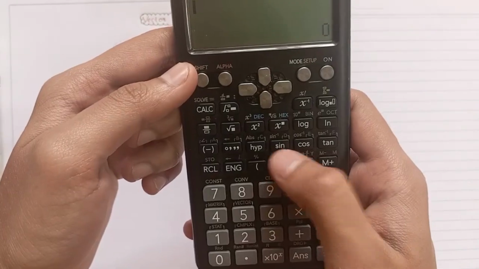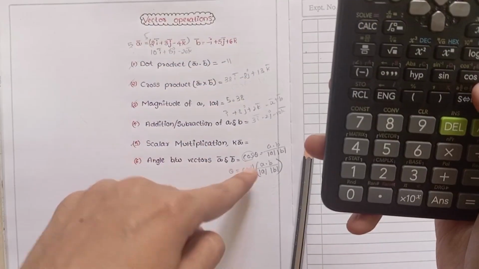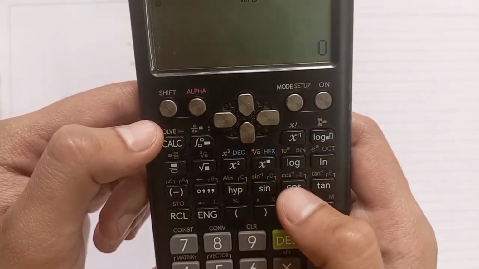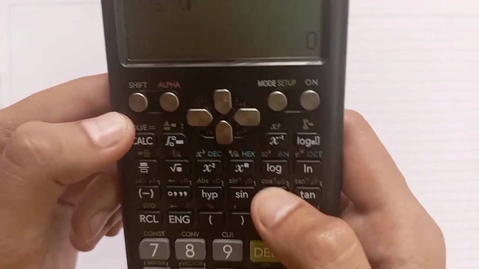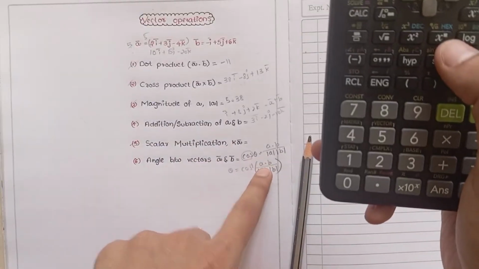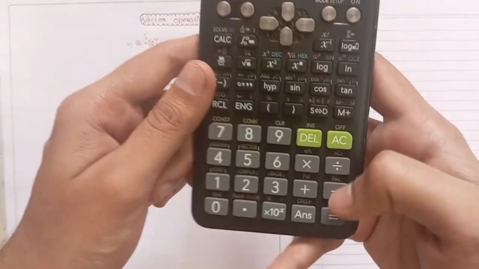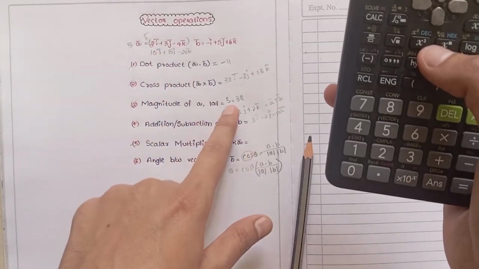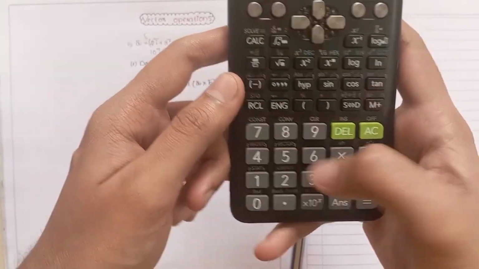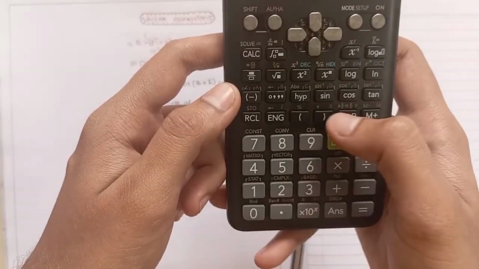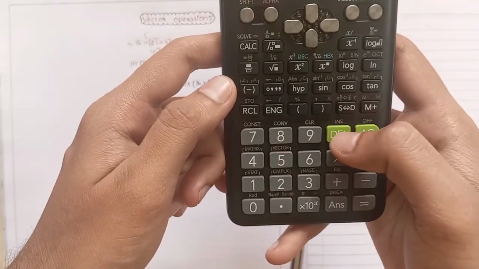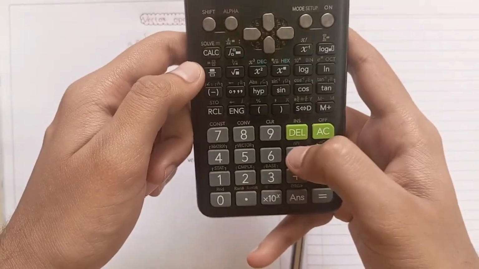So here we have only sine, cos, tan. We don't have inverse. So for that we will press shift and again cos, you see here, cos inverse. What is a dot b? We already calculated that. The value is minus 11 divided by magnitude of a, which is 5.38, into magnitude of b.